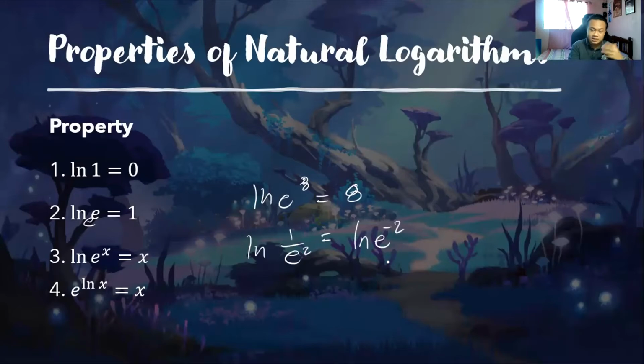I-negative nimo, so it's actually the same. So ang answer is negative 2. Okay? And lastly, kung walay base, di ba? So ln of 5, that's approximately 1.609. Okay, so gamitan lang ninyo ang calculator.